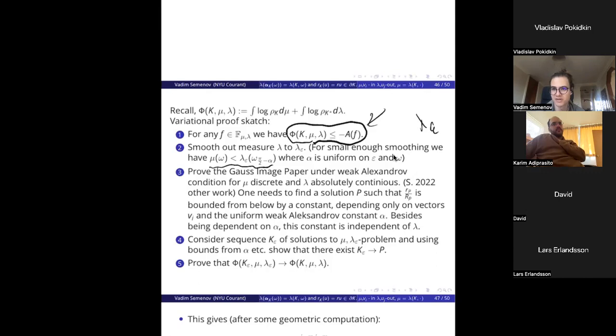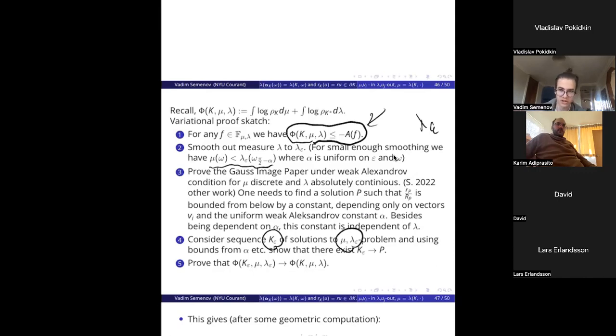The problem is that the original paper does this, they solve the lambda absolutely continuous version, but now you have a weaker condition on it than before, right? Because we work with a weak Aleksandrov inequality, but not the Aleksandrov inequality, so you kind of have to reprove that paper. Then you have a K epsilon solution for each mu lambda epsilon problem, and you can start thinking about how K epsilon approaches polytopes.